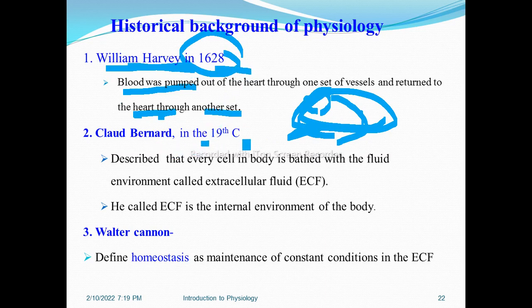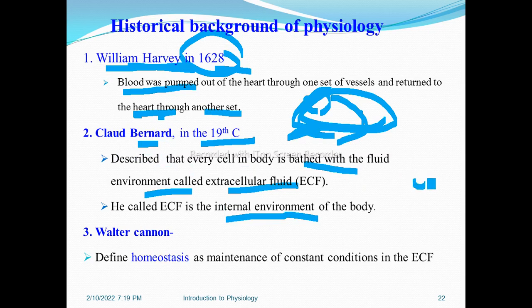In the 19th century, Claude Bernard described that every cell in the body is bathed in a fluid environment called extracellular fluid. This extracellular fluid is named the internal environment of the body. If this is a cell, the structure around the cell is water or fluid.